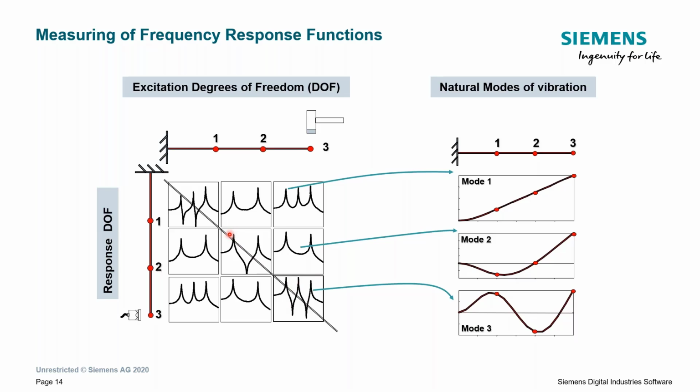I'm exciting all 3 modes with a driving point at location 1 and a driving point at location 3. Okay. So location 3 or location 1 would be the best points to excite my structure. Okay, those are my driving point FRFs.